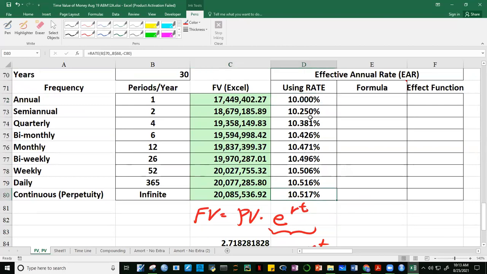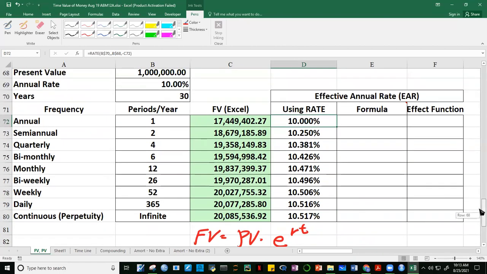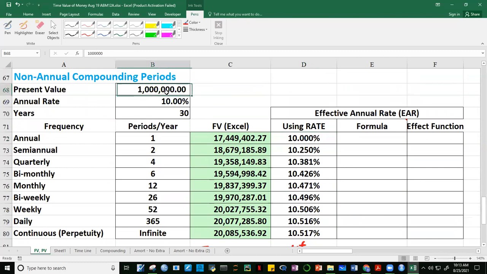Okay, let me explain quickly, no? So gusto natin malaman magkano yung rate kung may present value tayo na 1 million tapos ito yung mga future values natin. Iba-iba sila at 30 years yung term, yung period, no? And then we see that the effective rates are different.